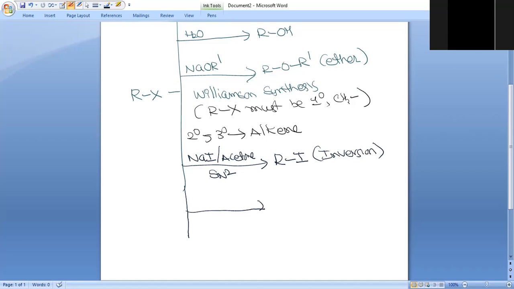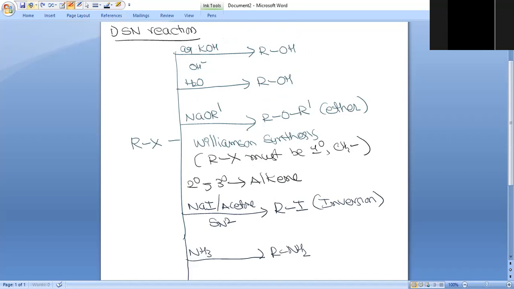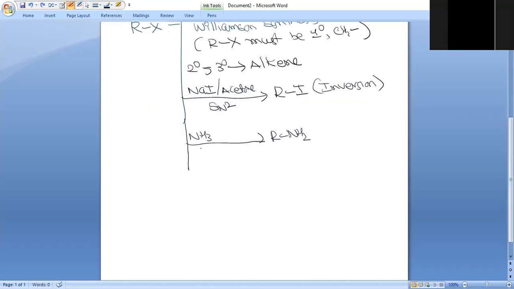Next, we add ammonia. When you take ammonia, you will get RNH2, primary amines, and it may go through further reaction. What you are using is important. If we use excess ammonia, it will give this one.